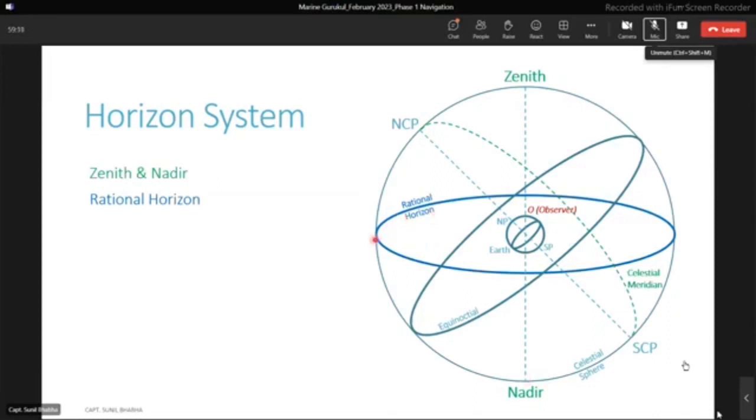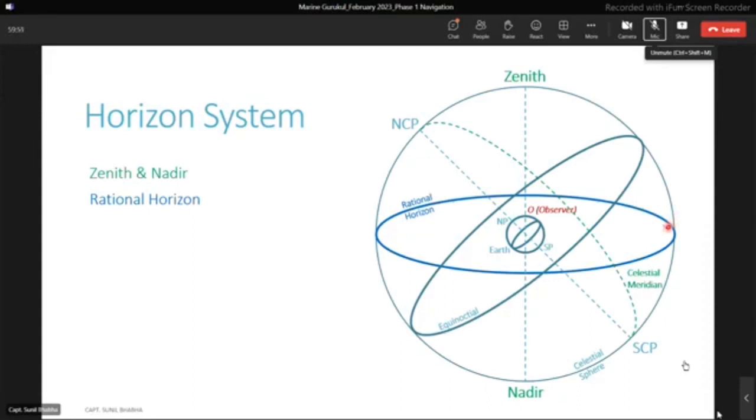That part of the celestial sphere which is above the rational horizon is what will be visible to this particular observer. When he looks at the sky, he will be able to see that part of the celestial sphere which is above the rational horizon.